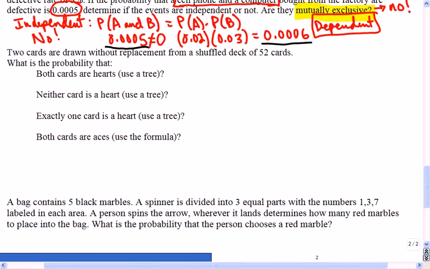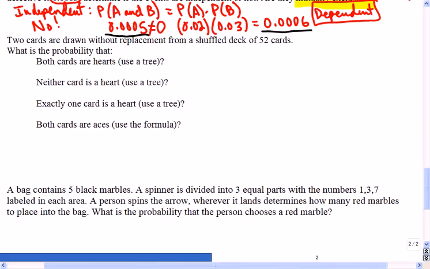Okay, so we'll get back to trying some trees. Two cards are drawn without replacement from a shuffled 52 card deck. So let's find some probabilities here. Both cards are hearts. You'll see everything up to this point, these all deal with hearts, so it would make sense to draw a tree that would reflect hearts being drawn.